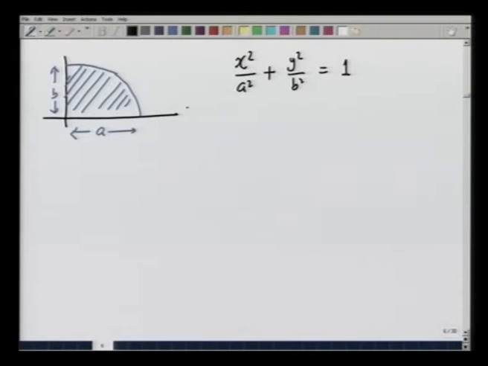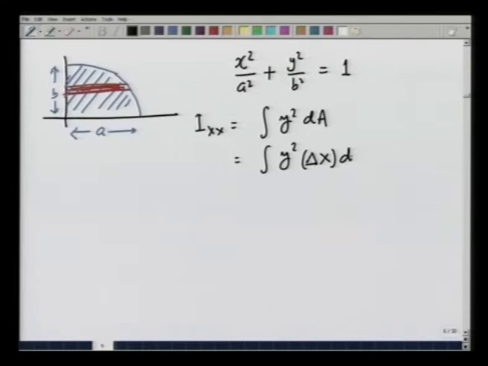To calculate Ixx, which is integral y square dA, I choose a strip parallel to the x axis of width dy and write this quantity as y square. The length of the strip, let us call it delta x, times dy. My job is to calculate delta x, and y varies from 0 to b.